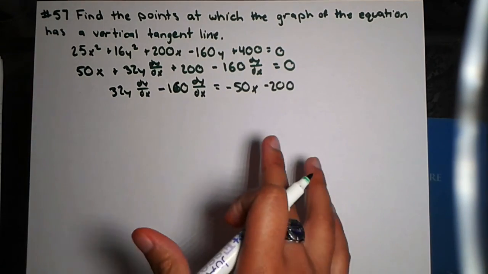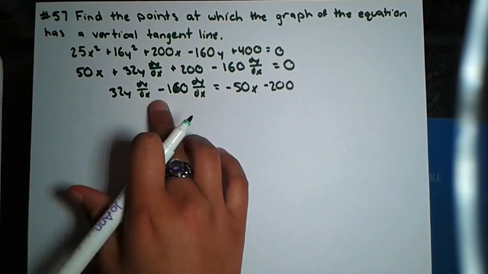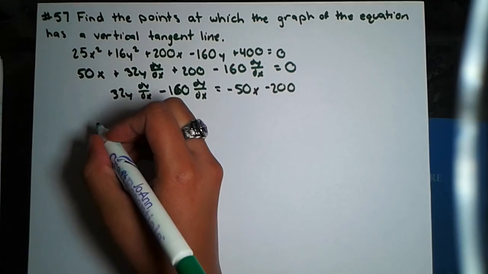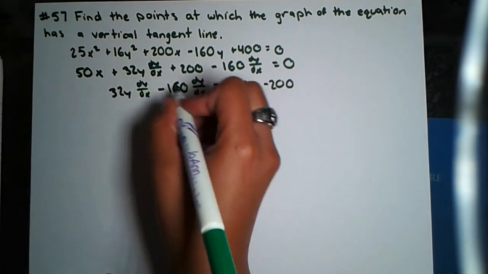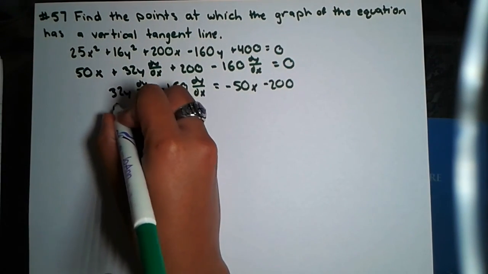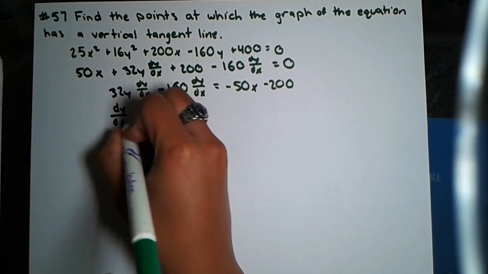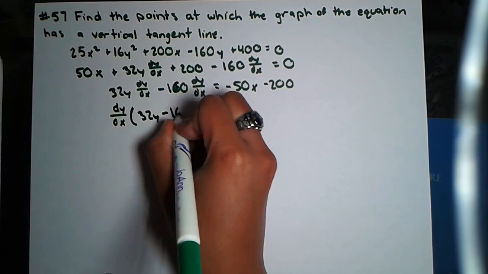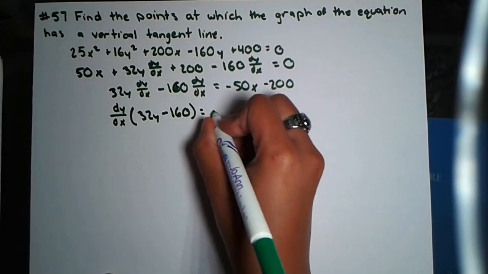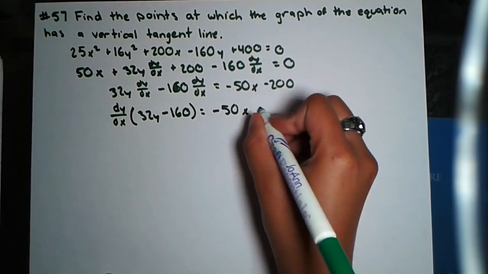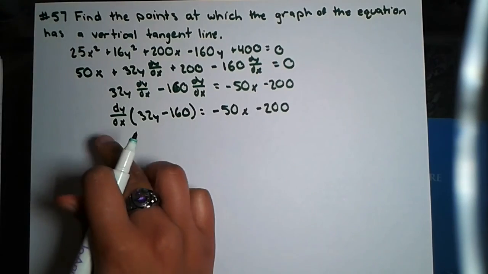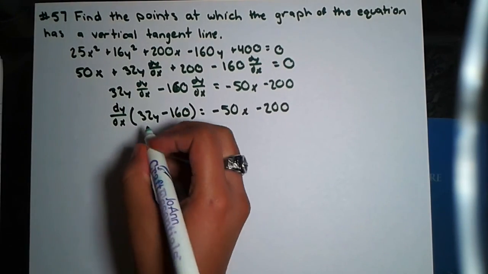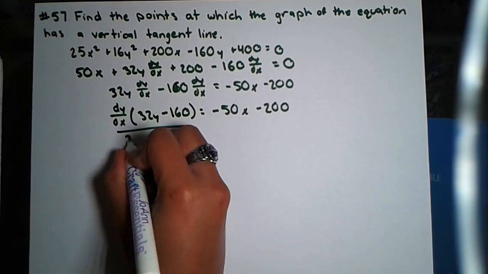Now you want to isolate dy/dx, so factor out dy/dx here. dy/dx times 32y minus 160 equals negative 50x minus 200. Now all you have to do is divide by 32y minus 160.